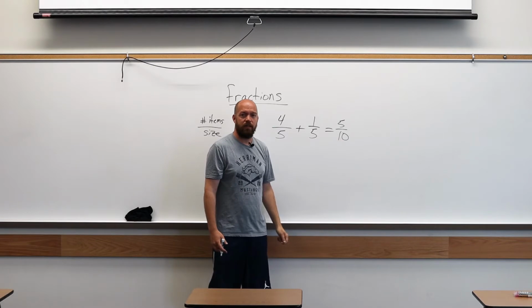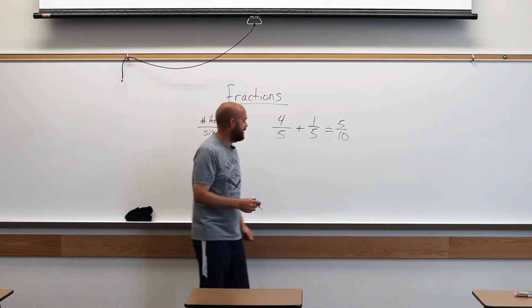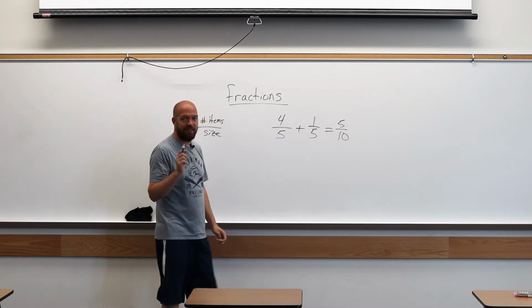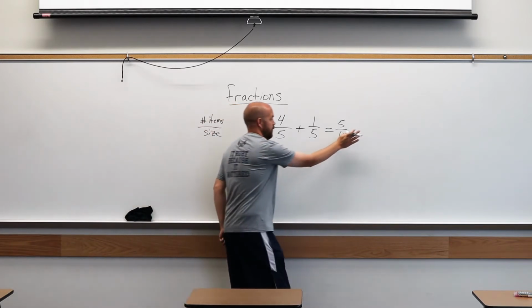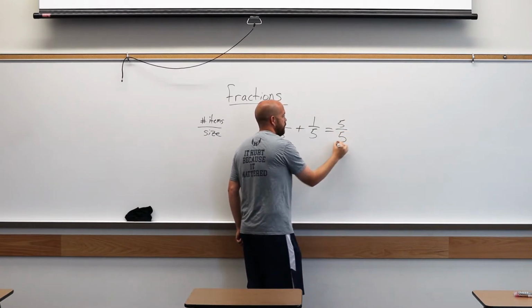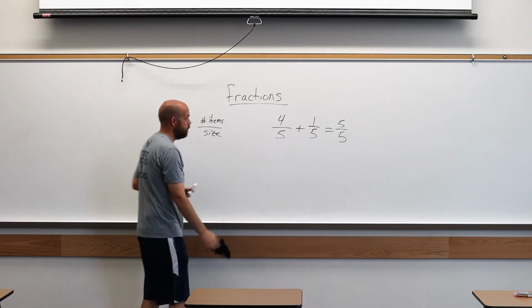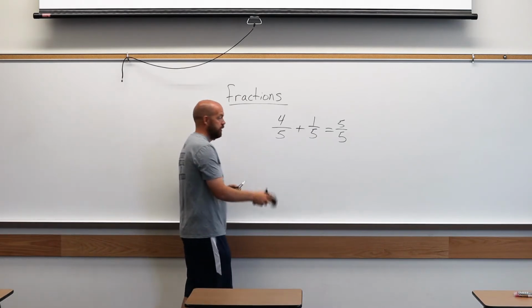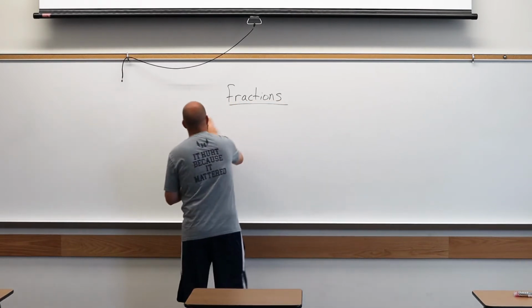That would be convenient, because I would like 10 friends. But it doesn't actually work that way. The denominator stays the same. That's the big takeaway here. When you're adding fractions or subtracting fractions, the denominator has to stay the same. Unless you want more friends, and then 5 plus 5 is somehow 10.